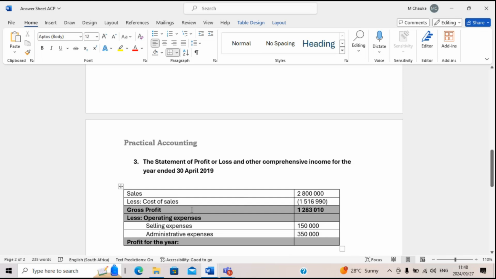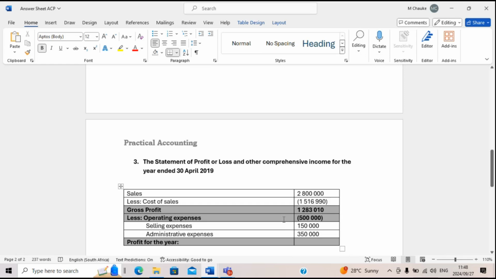Those are the 2 expenses or operating expenses we have. So we're going to add both of them to get operating expenses. Our operating expense is going to be 150,000 plus 350,000, right? I get 500,000. Therefore, because I have to minus it, I put in brackets 500,000, right?